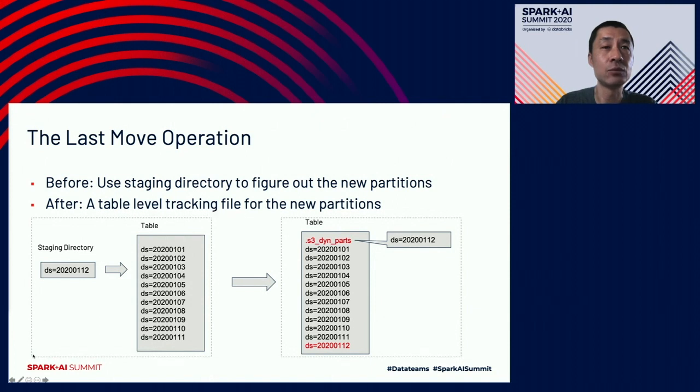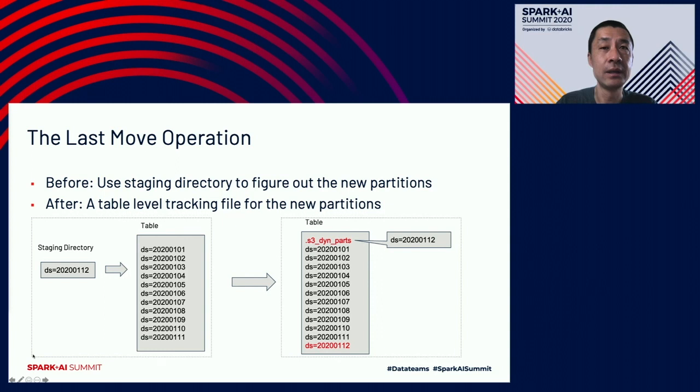Still, we have one more operation remaining for dynamic partition insertion. It is required because we need a way to track the new folders added by the Spark application and add partition metadata to Hive Metastore for those folders only.